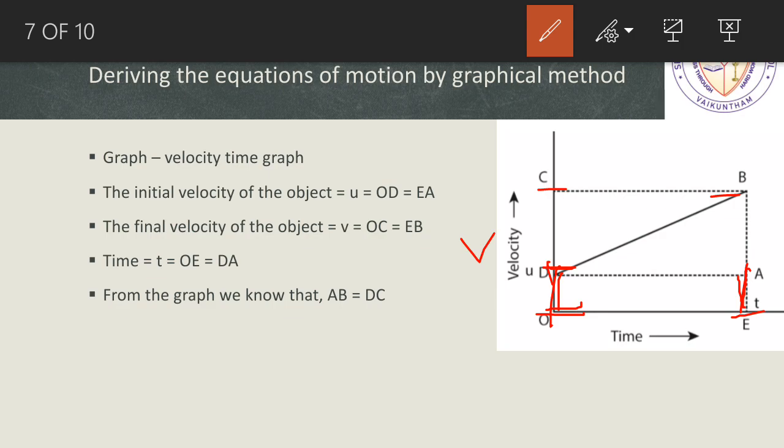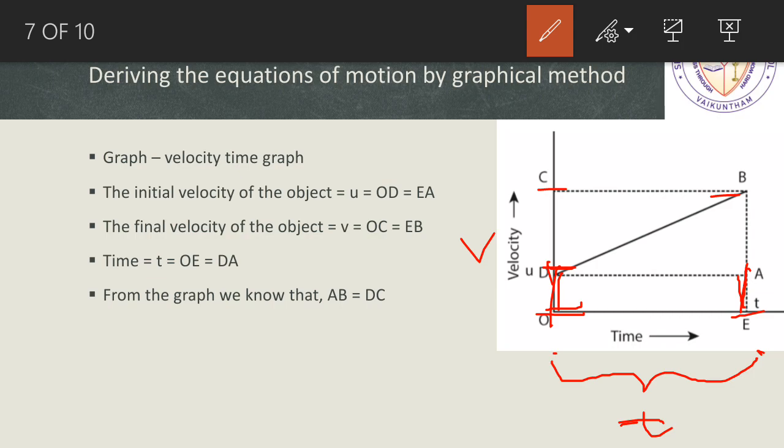Wherever we get AE and OD, we can write it as u, and wherever we find OC and EB, we can write it as V. And on the x-axis, OE is nothing but t. So this much is what we should know.